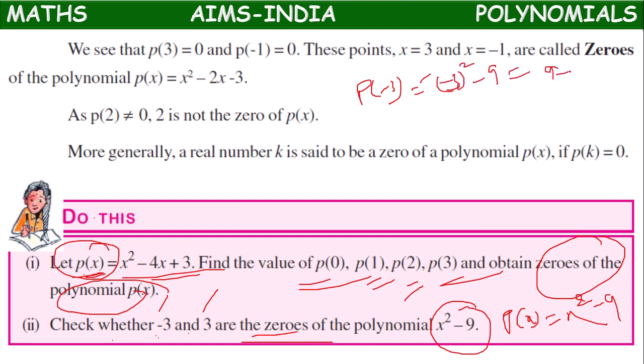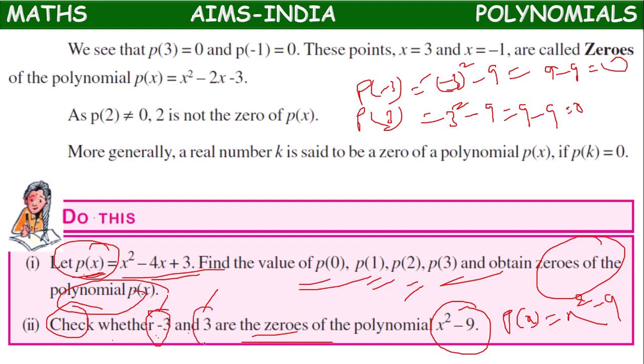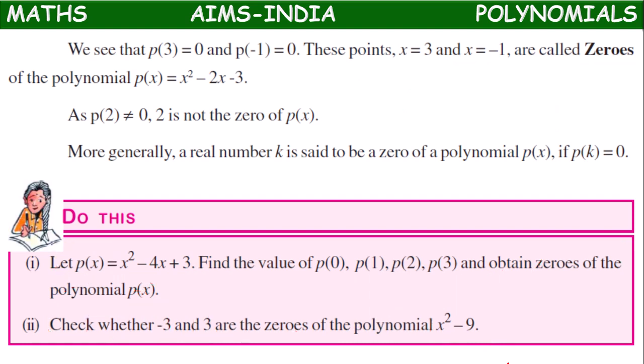Minus 3 whole square means 9, 9 minus 9 is 0. If you keep p of 3, then also 3 square minus 9, 9 minus 9 equals 0. So after checking, we can conclude that yes, minus 3 and 3 are zeros of the polynomial x square minus 9.